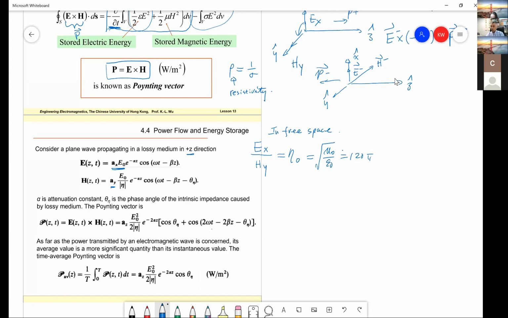But in lossy media, Ex over Hy is still a constant, but not so lucky, because we have a loss. So this wave impedance is constant, but it's not a real number. It becomes a complex number.